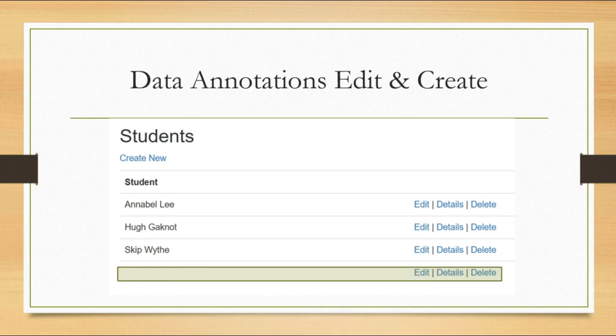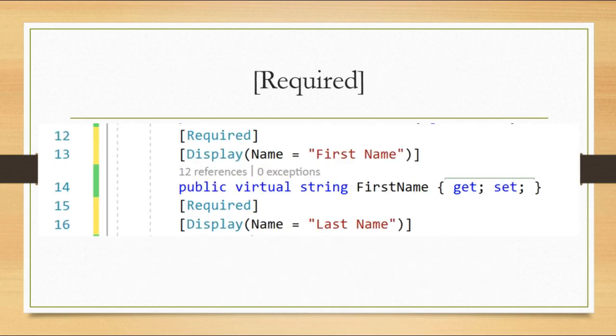We're going to go back to our Data Annotations, and we're going to add another property modifier called required. This says that for this model to work, I must have a value for first name, and I must have a value for last name. Let's run this again.